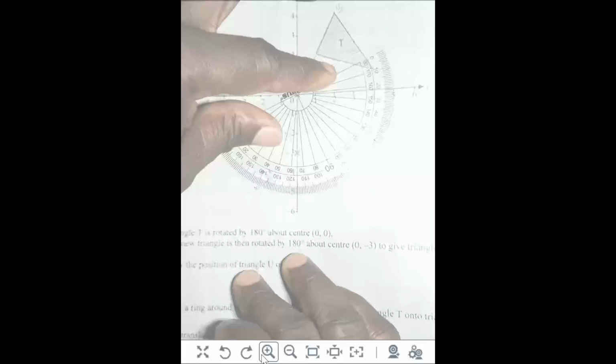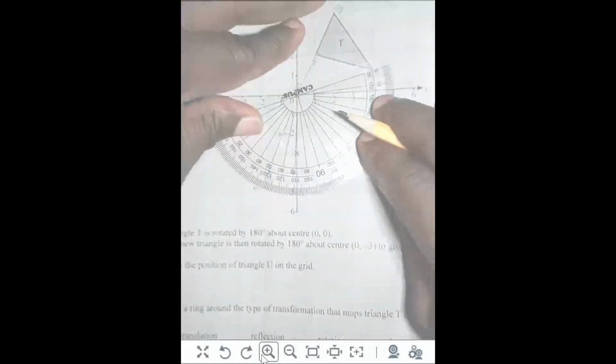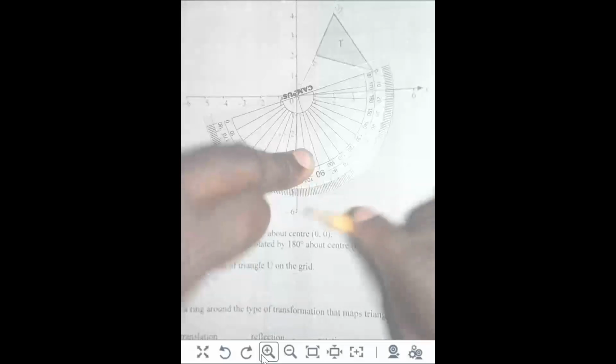The center of the protractor will be on my center of rotation, then 0 degree will be on point C like this. I'll set it very well. So this is 0. You come like this up to this point here, and this will be the direction of 180 degrees. I'll put it there.